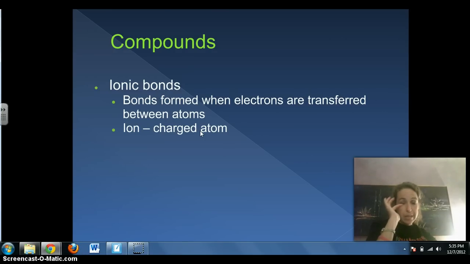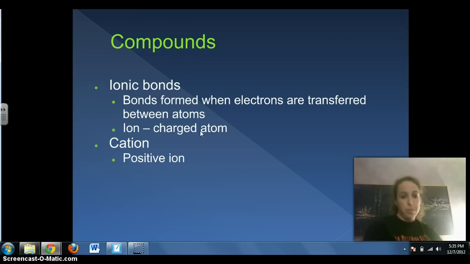An ion is an atom that has either gained or lost an electron. We have cations, which are positive ions. Positive ions are ones that have lost electrons, so you have more protons that are positive than electrons that are negative.